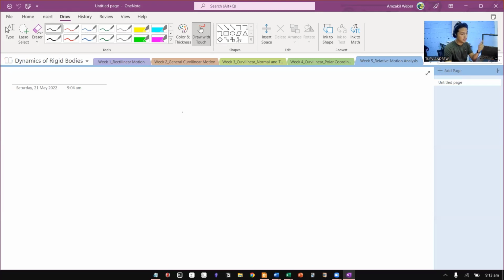One is the rectangular or Cartesian coordinate system. Second is the tangential and normal coordinate system. And the last is the polar coordinate system, or the transverse and radial axis.